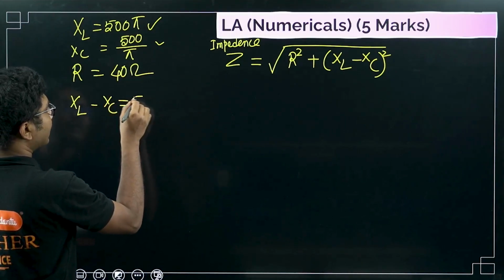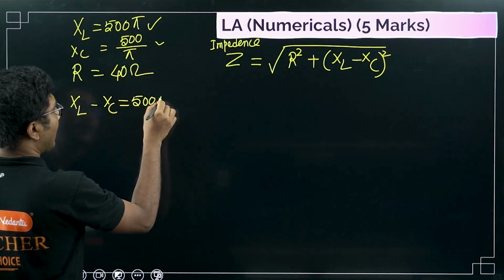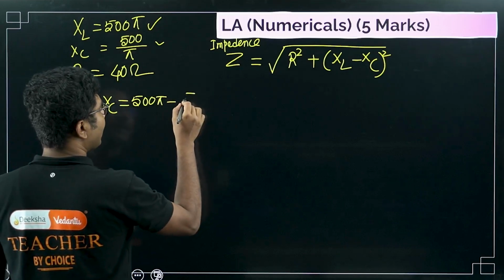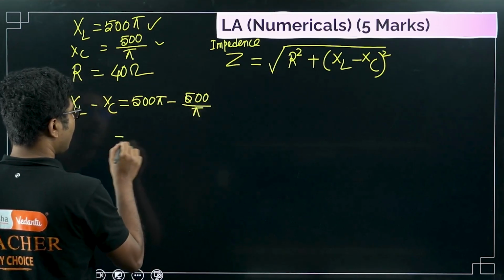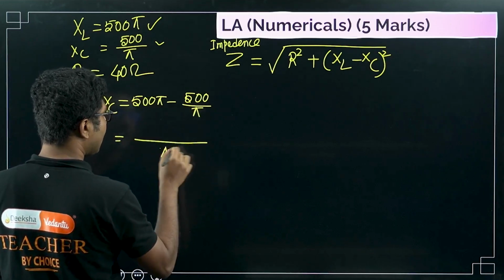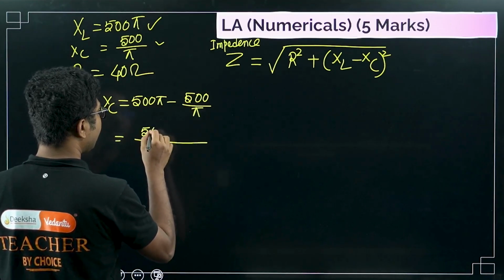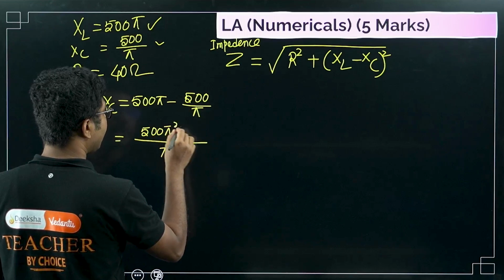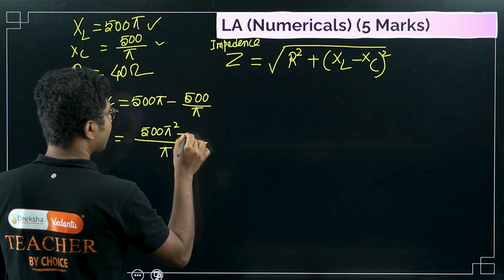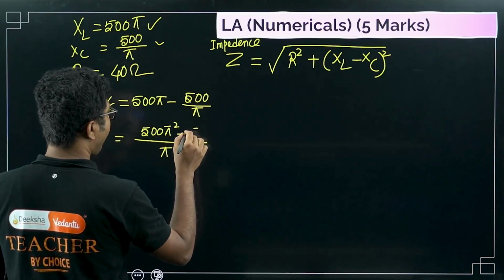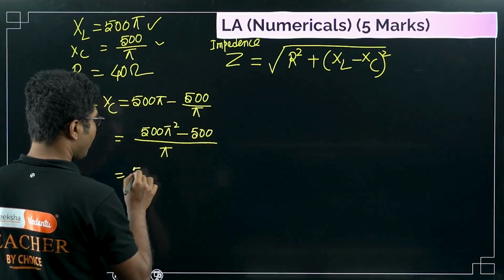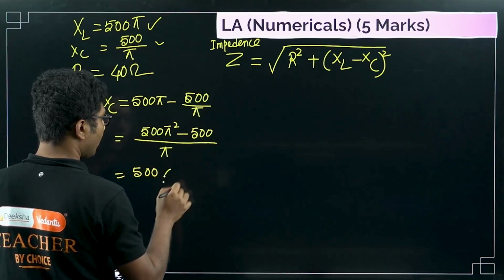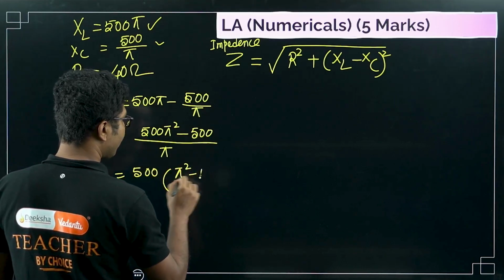So 500 pi minus 500 divided by pi, or LCM is pi, so 500 pi square minus 500. So 500 will be common, we get pi square minus 1 by pi.